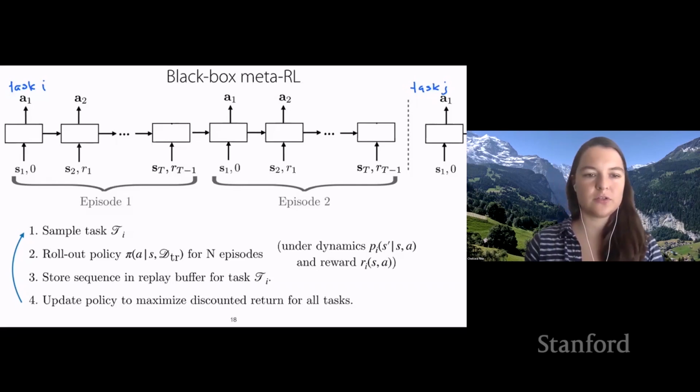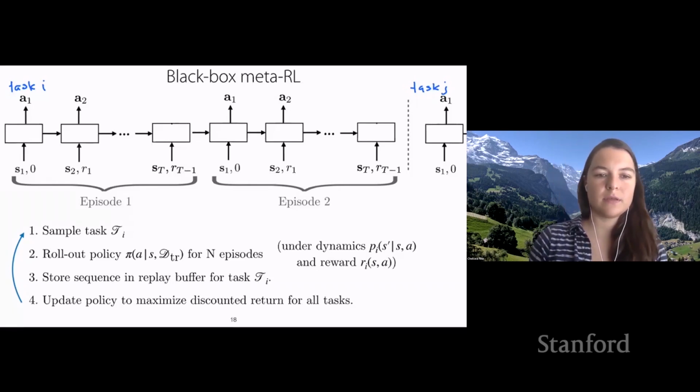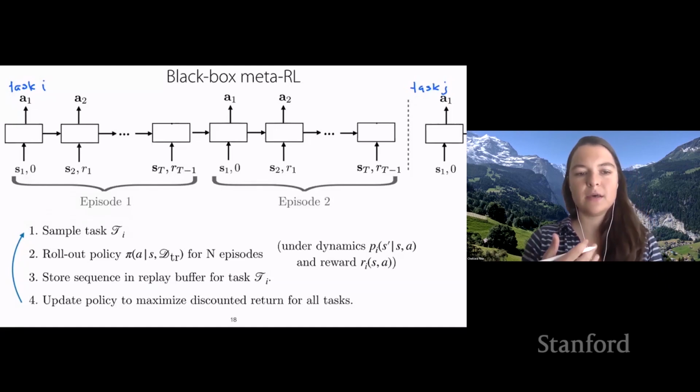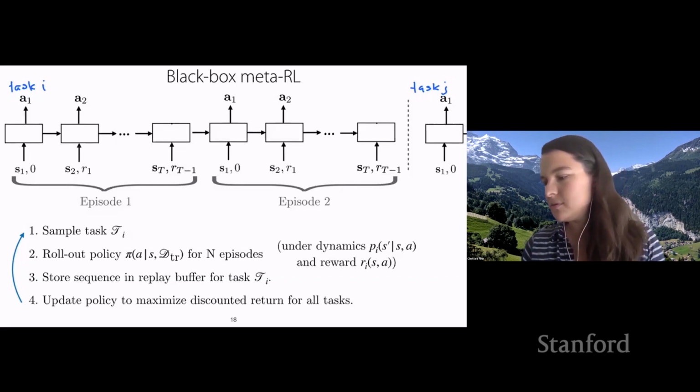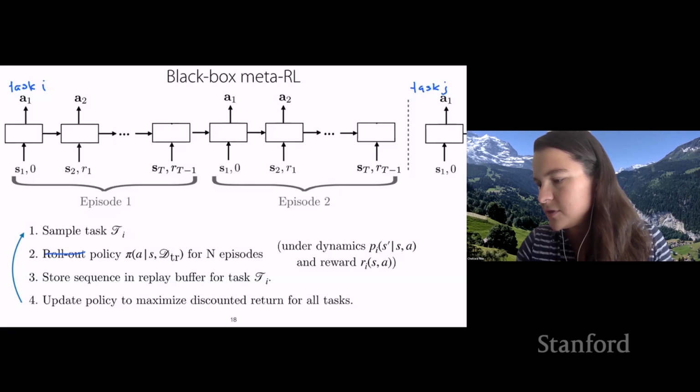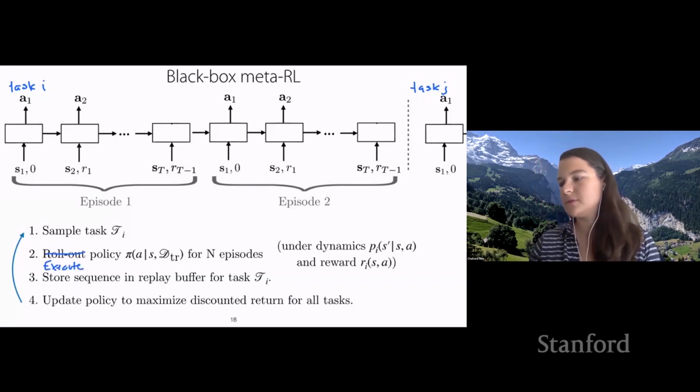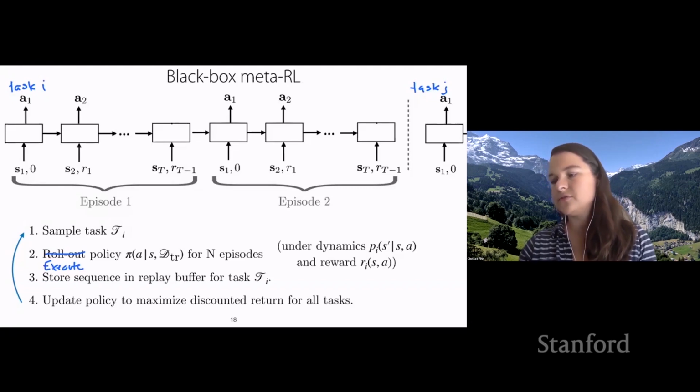So it basically corresponds to a trajectory that is acquired by executing a certain policy. You can also think of this as execute, for example: execute the policy for n episodes, you get some trajectory, and you store that trajectory of episodes in your replay buffer.